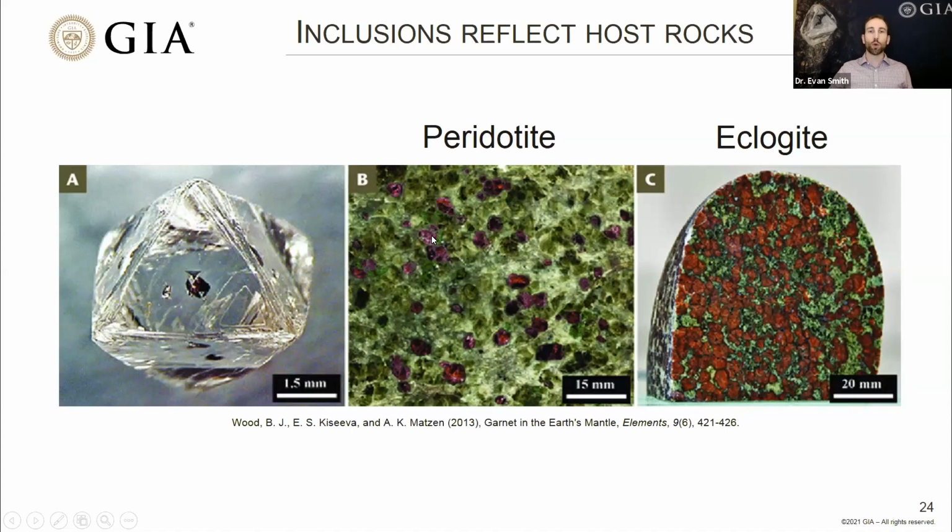These are rich in chrome. These are chrome-rich pyropes. In eclogite, those garnets are a different composition, and usually they're more reddish or orange in color. So when we have an inclusion like this, we can see that it's reddish. It might be hard to tell here, but it's a purplish reddish color. So this is probably a garnet from peridotite.